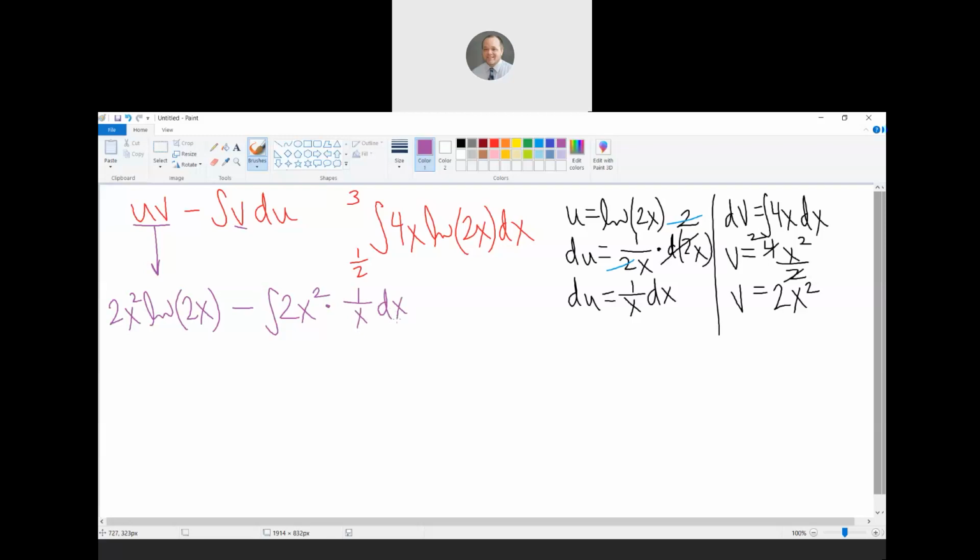Now, a couple of things we can do with the integral. Move the 2 to the front of the integral sign, and also simplify the x's. So what we're ready to integrate is actually just x dx.